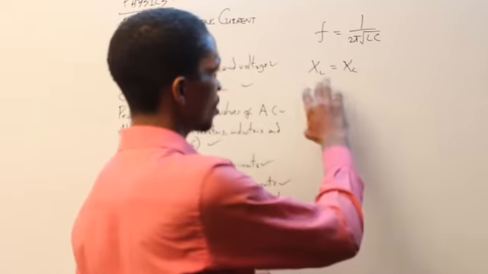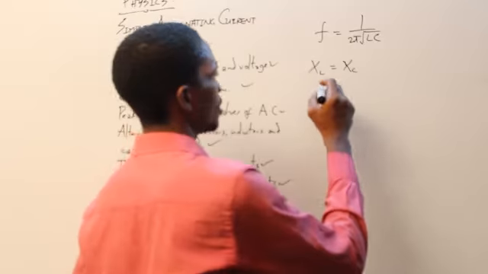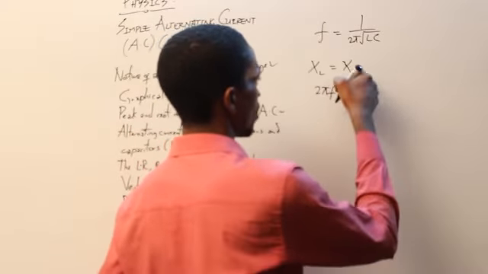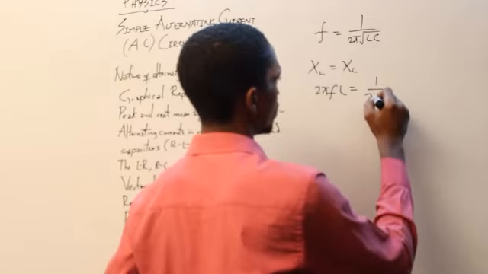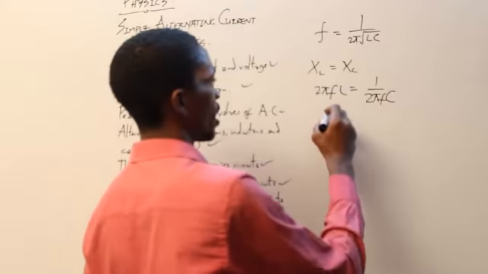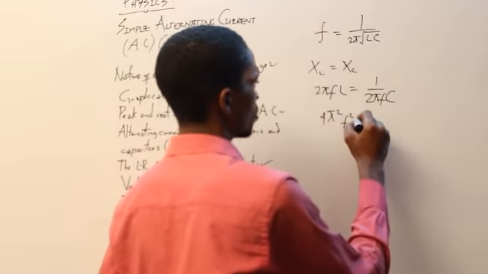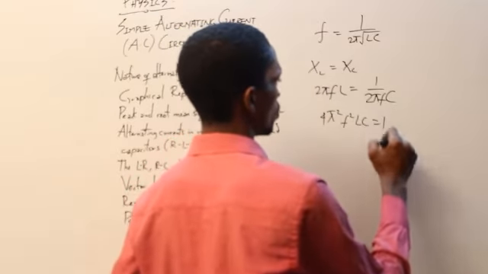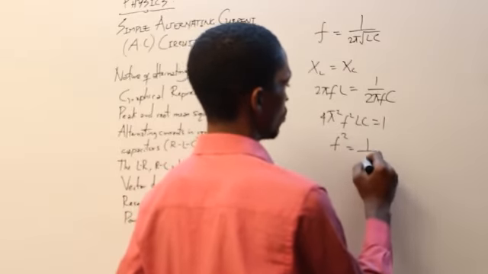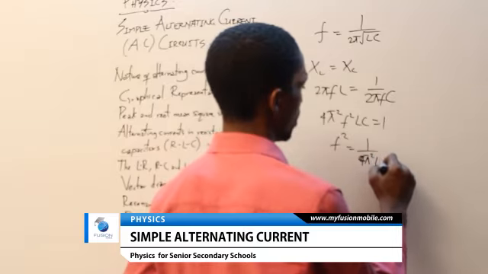And for them to be equal, we know that XL is 2 pi FL, and XC is 1 over 2 pi FC. So when you cross multiply, you have 4 pi squared F squared LC equals 1. I want to find F, so F squared equals 1 over 4 pi squared LC.